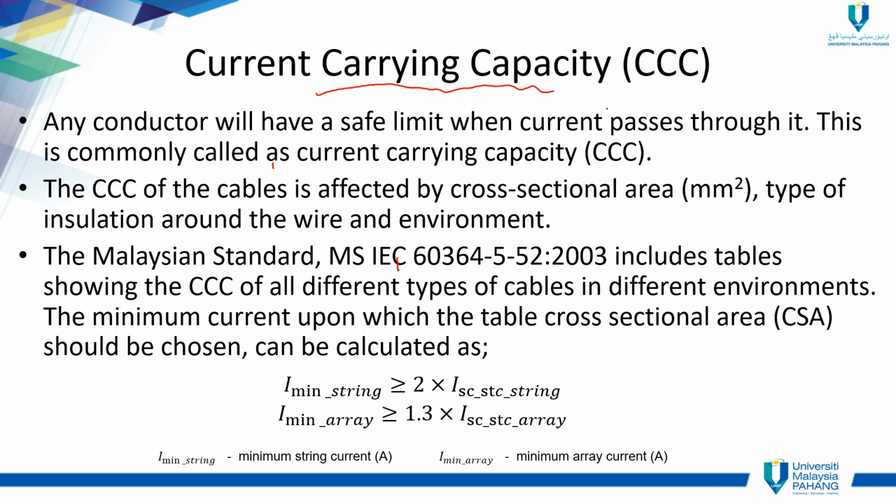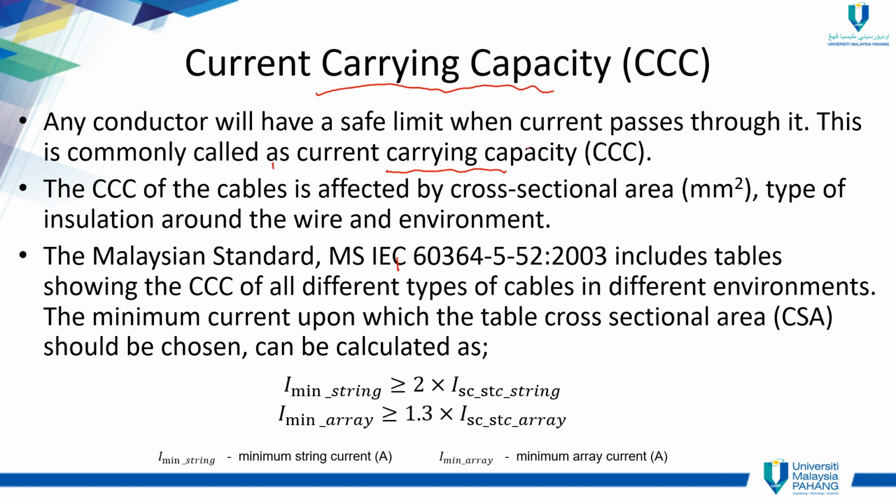We are focusing now on the solar cable. Any conductor has a safe limit when current passes through it. This is commonly called the current carrying capacity. So there's a safe limit for the maximum current that can flow through a certain size and type of cable.